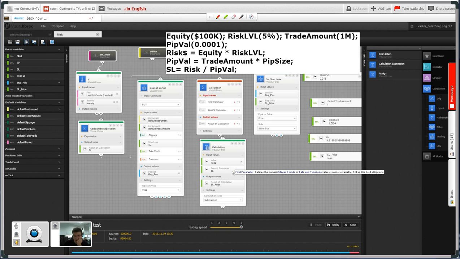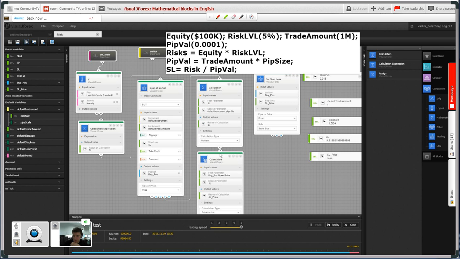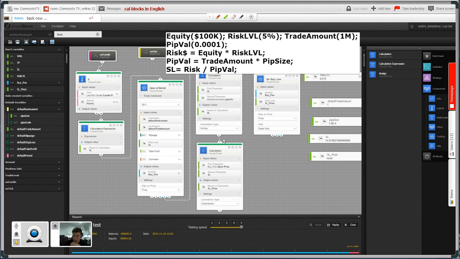Price plus the stop loss, and we multiply it by pip size. Okay, let it be once again the stop loss variable. This way we create the stop loss level, and only then we set stop loss to market. Got it.